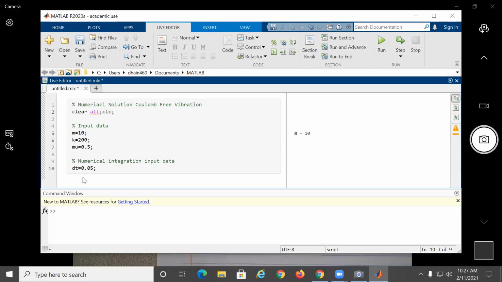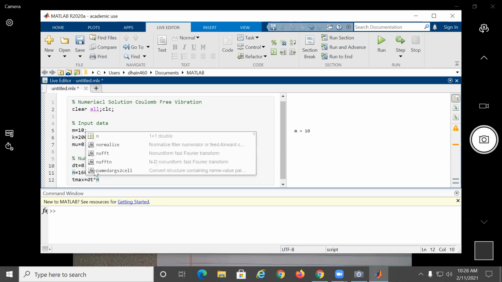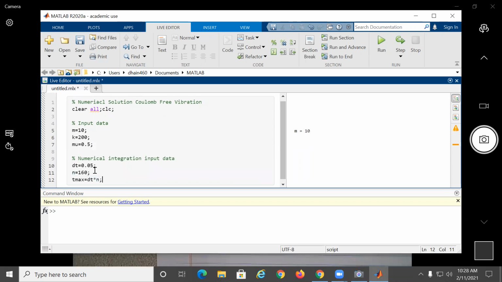And you can put the total time instead, but here the number of points will be n equal 160. So the maximum time you can run is dt times n. But you could put directly what you want for Tmax.